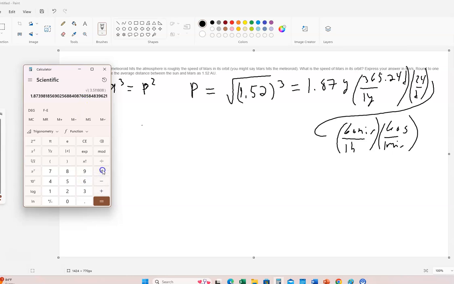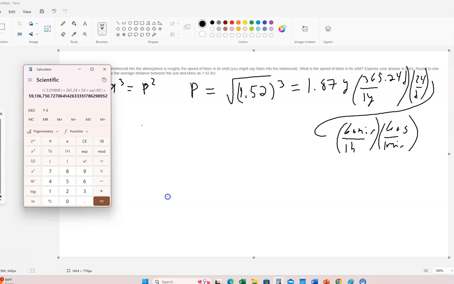I'm going to say times 365.24, the number of days in a year, then times 24, the number of hours in a day, times 60, times 60, because you got to do this bottom part right here. Or 60 squared is another way to do it. Equals. So this is the number of seconds. So this is our period.